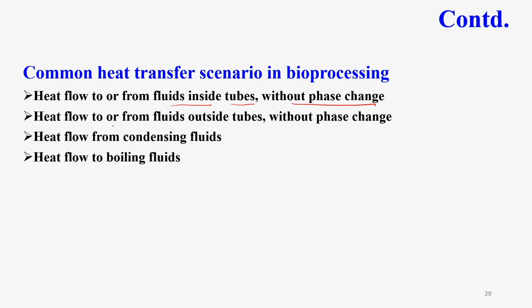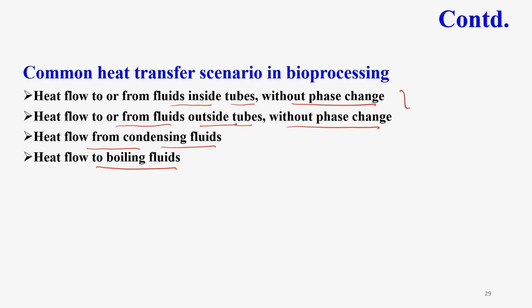Other option will be heat flow to and from the fluid outside the tube and still no phase change, and heat flow from the condensing fluid and heat flow to the boiling fluid.